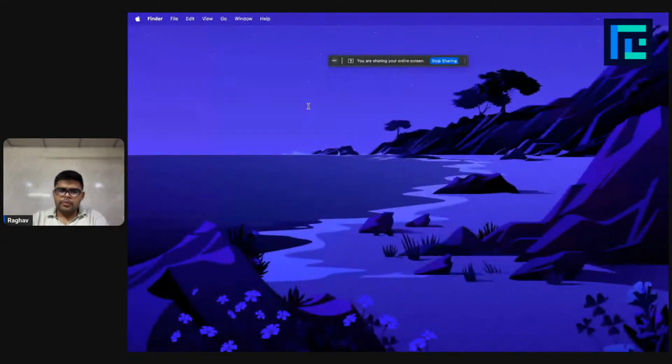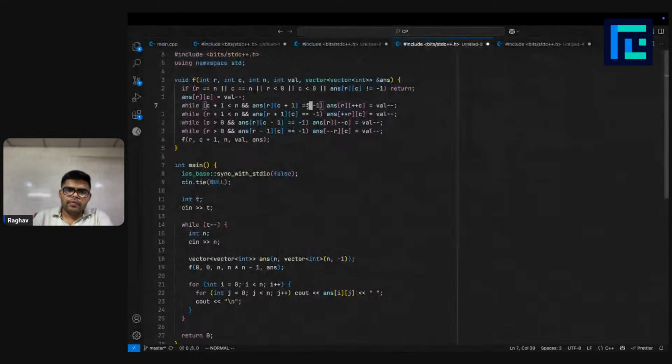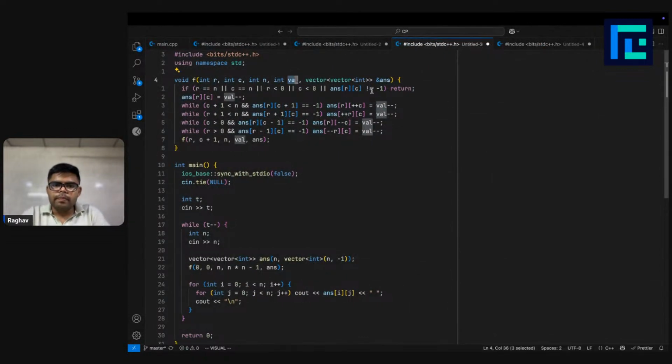So like if you have already filled values from 15 to 4, now this layer should have values from 3 to 0, right? So that is why you need to pass on the value. And this is the answer vector which would be filled up.